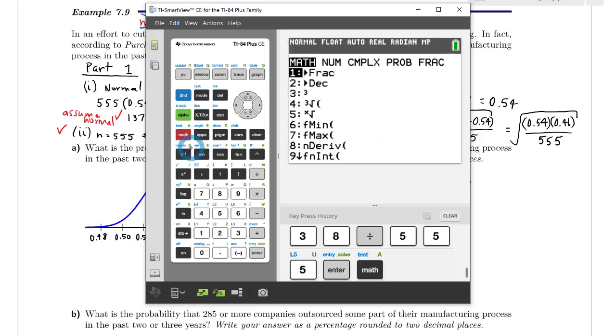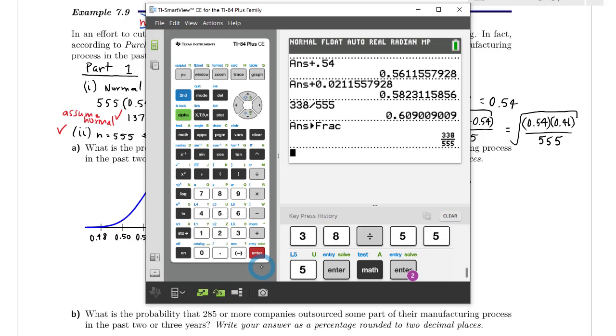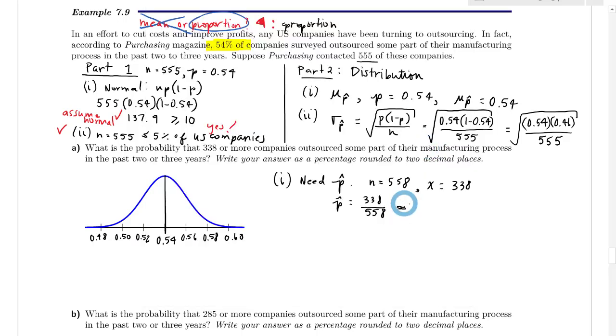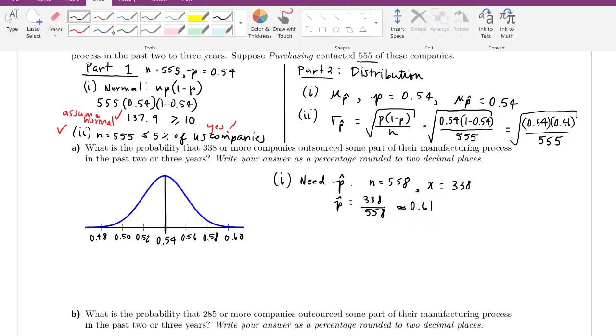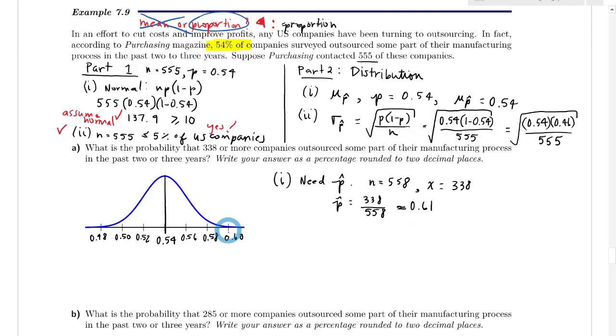And I do like it to be exact. It doesn't seem to be reducible, but just to draw it on the curve, notice it's about 0.61. So let me go ahead and draw that here. 0.61, whoa, that's way over here. That's p hat.